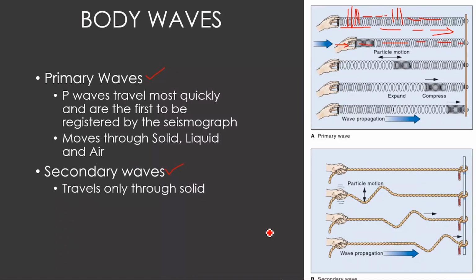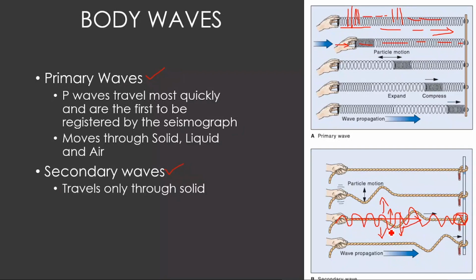Whereas in the case of secondary waves, the movement of particles is perpendicular to the direction of propagation of the wave. For example, if I tie a rope at one end and create a wave here, you can see the wave propagates on this rope and reaches the end. The wave propagates, but the direction of movement of the material is perpendicular to the direction of propagation.